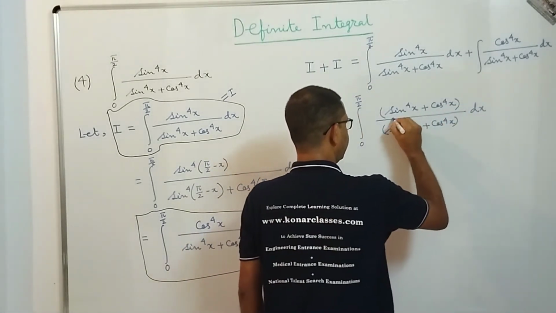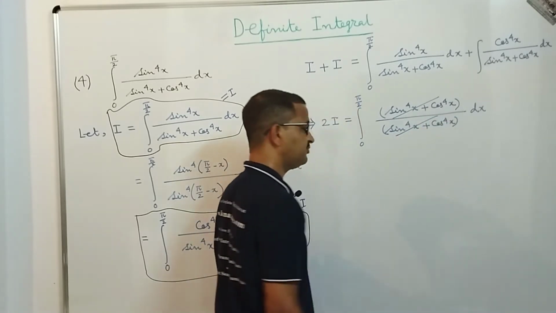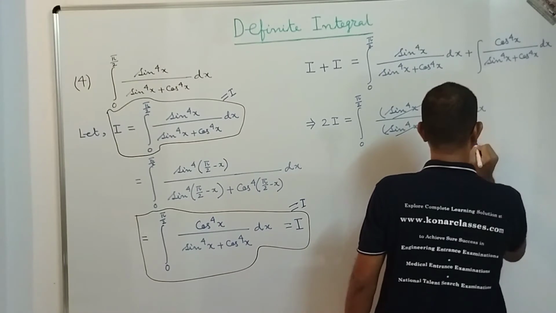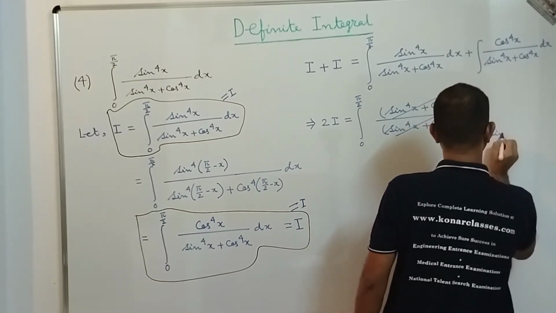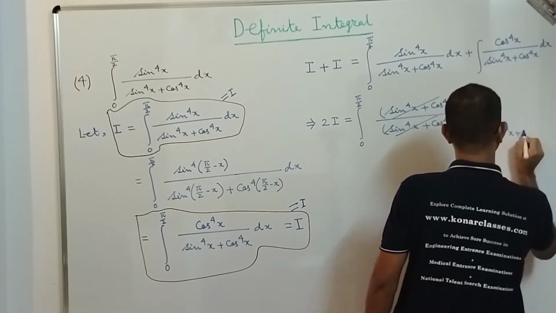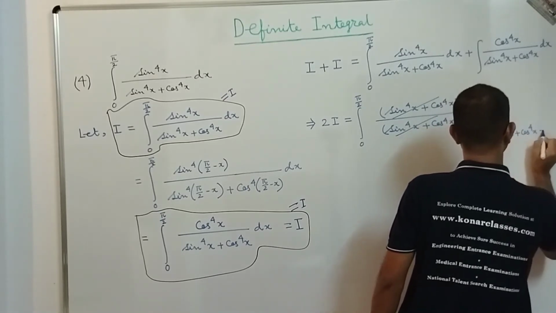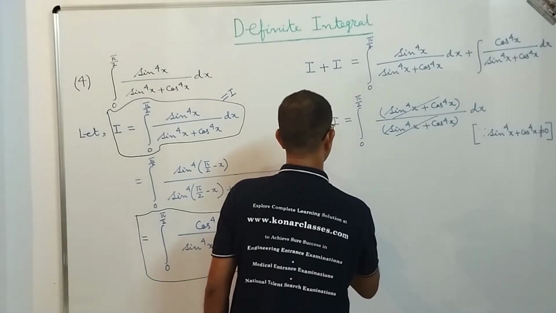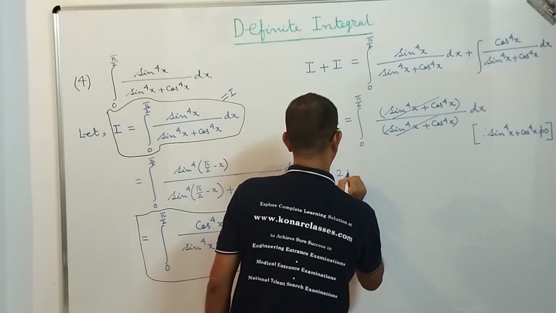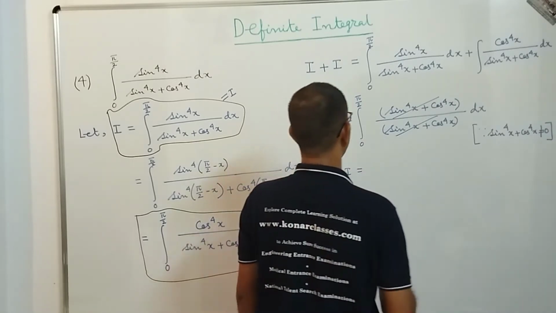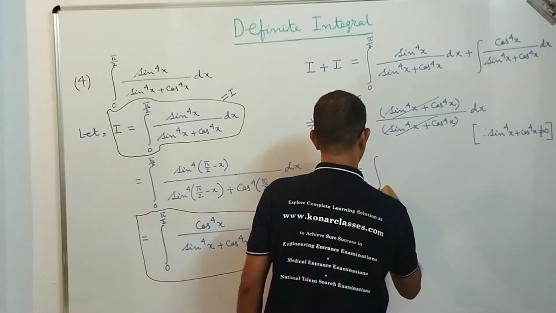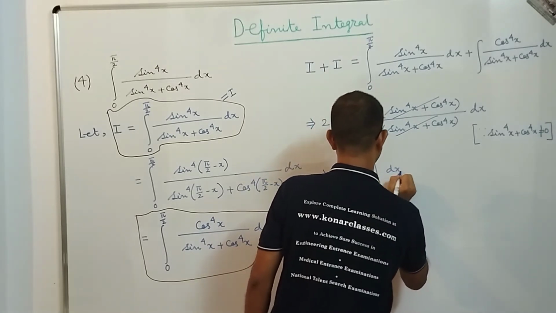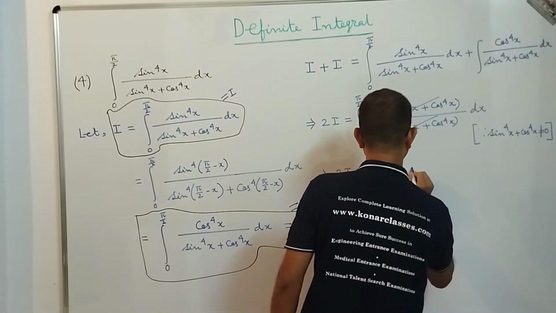Now we see that sine to the power 4x plus cos to the power 4x in both numerator and denominator got cancelled, since sine to the power 4x plus cos to the power 4x is not equal to 0. So then, dear students, we get 2I is equal to integration 0 to pi by 2 dx.